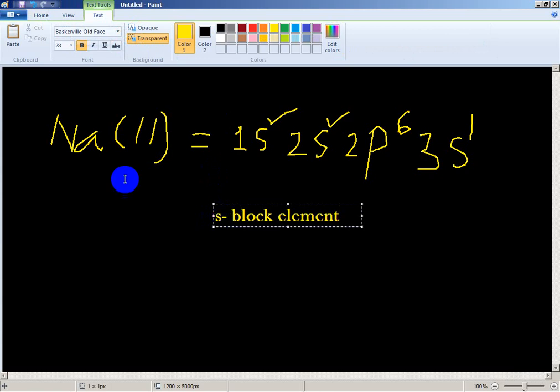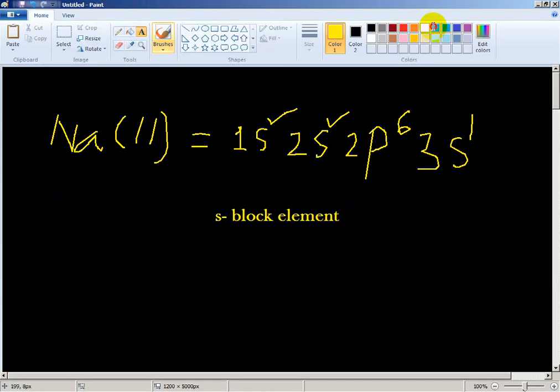So what will be magnesium? Do you know the atomic number of magnesium? Magnesium atomic number is 12.